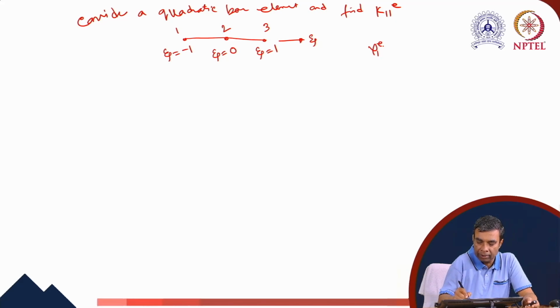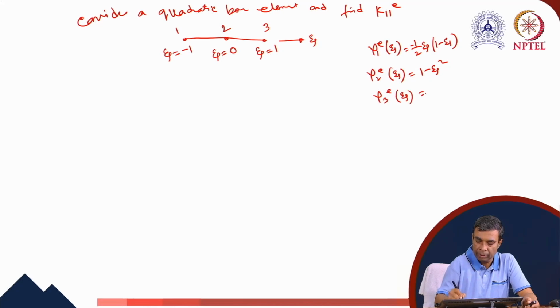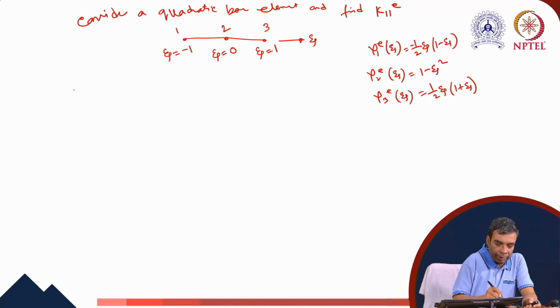The shape functions are psi1 equals minus half xi into (1 minus xi), psi2 equals 1 minus xi square, and psi3 equals half xi into (1 plus xi).